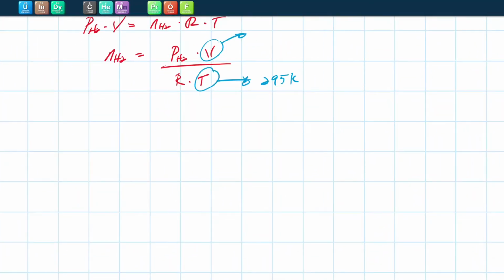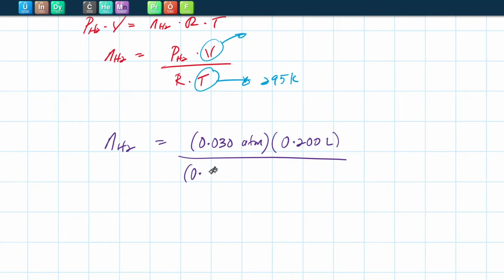The number of moles of our hydrogen gas is going to be equal to our partial pressure, 0.030 atmospheres, times our volume, 0.200 liters, divided by the ideal gas constant, 0.08206 liters times atmospheres over moles times Kelvin, times our temperature, 295 kelvins.